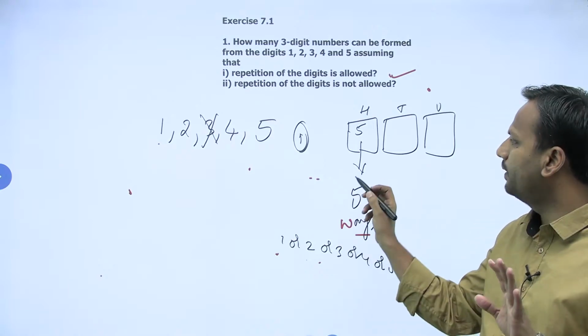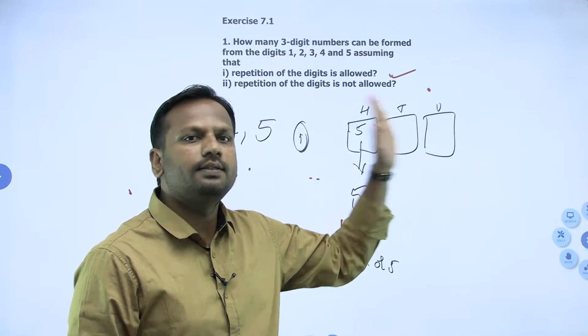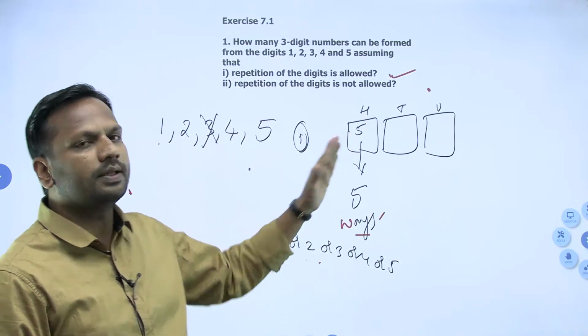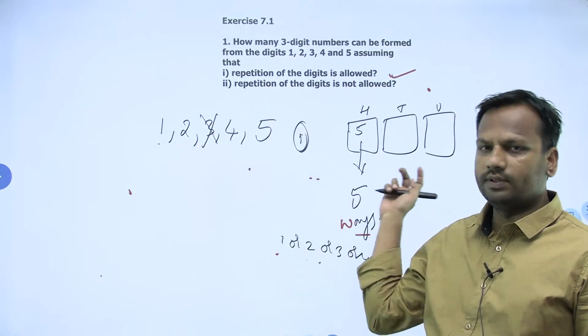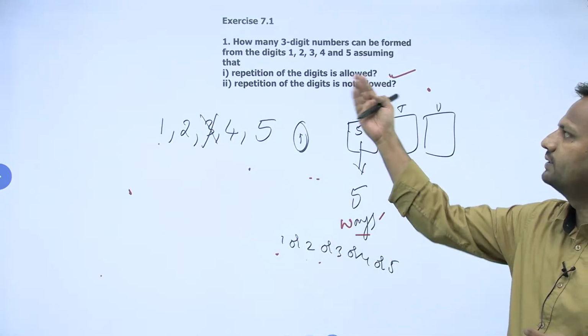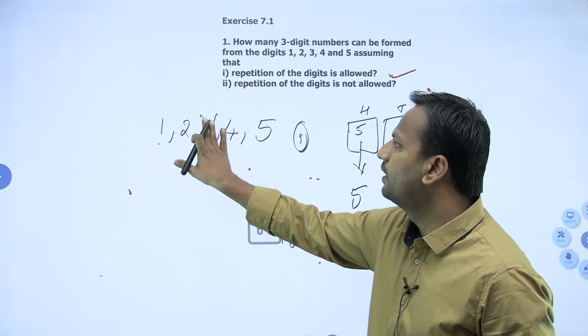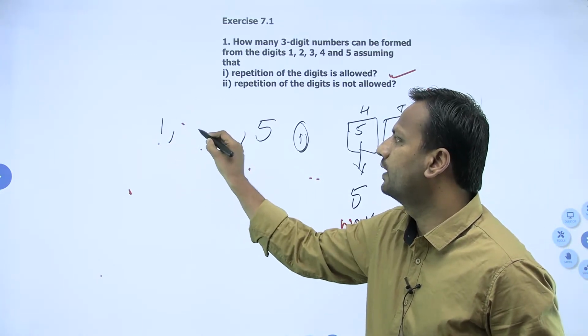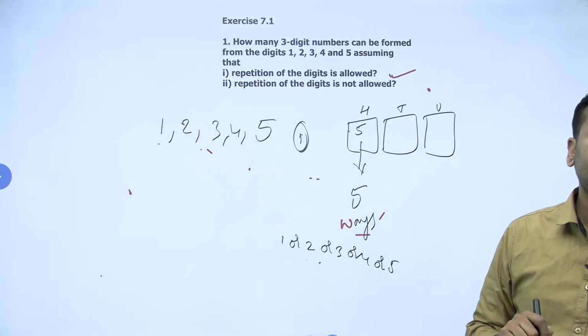You can take the numbers repeatedly in forming the 3-digit numbers. Once you have used the number 3 here, you can use it again in the tens place.